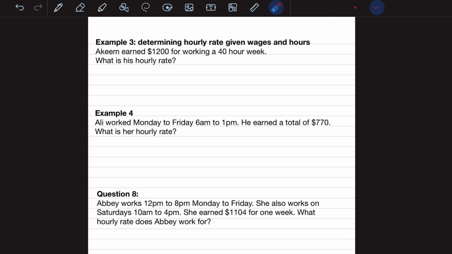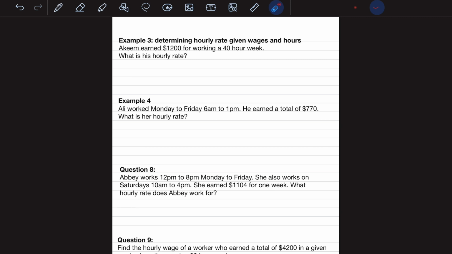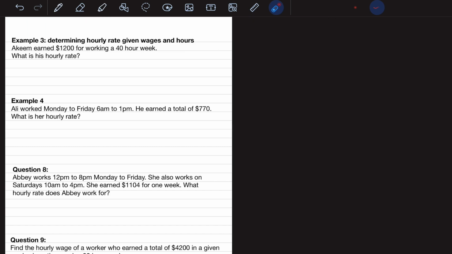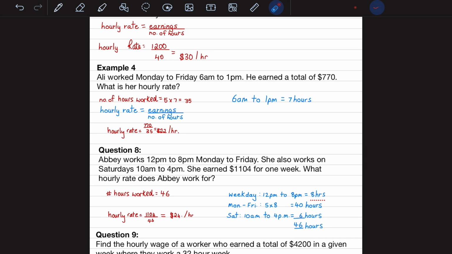Right, so now that we understand what to do for example 3, go ahead and try example 4 and question 8 and 9. Alright, let's move on. Let's correct. So example 2 is straightforward. The only difference is that you have to count or calculate the amount of hours which we did before, and then we determine the hourly rate.